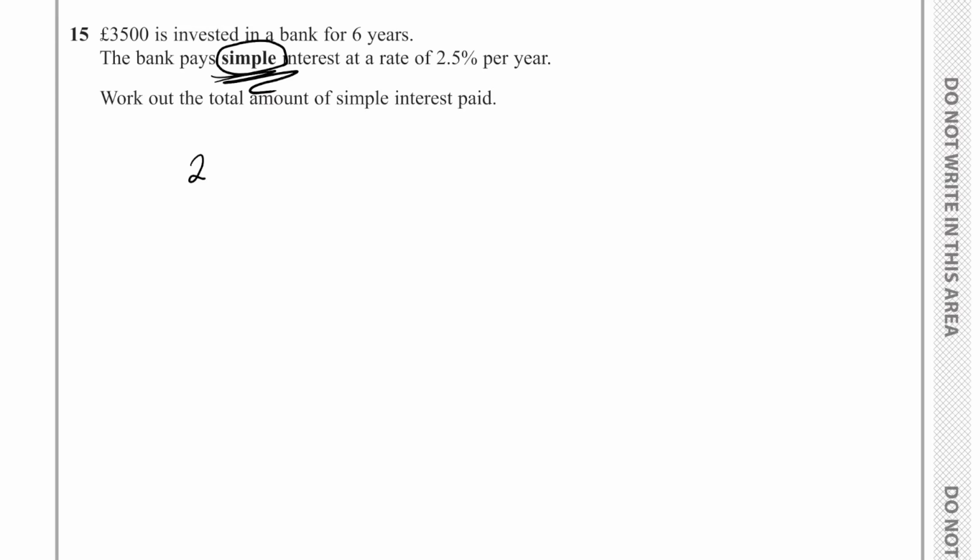So we just need to work out what 2.5% of £3,500 is. And then we're going to add that on the same amount 6 times. So it's going to be 6 lots of this. So just times 6. So 2.5% of £3,500 6 times.